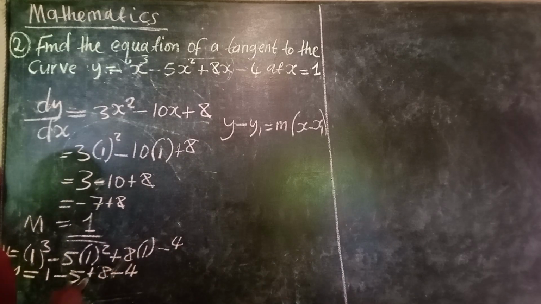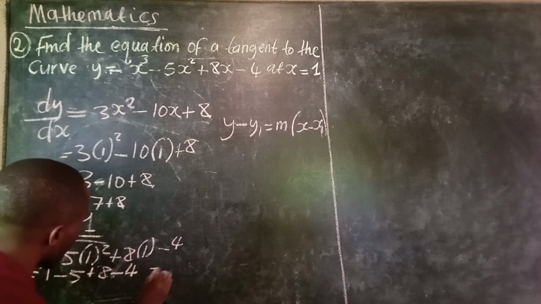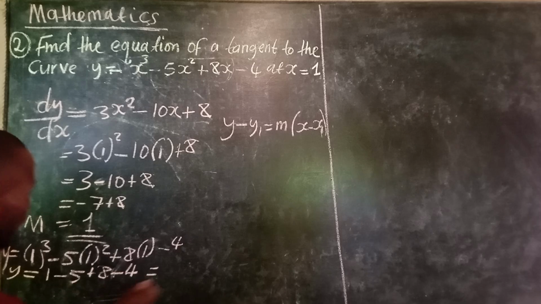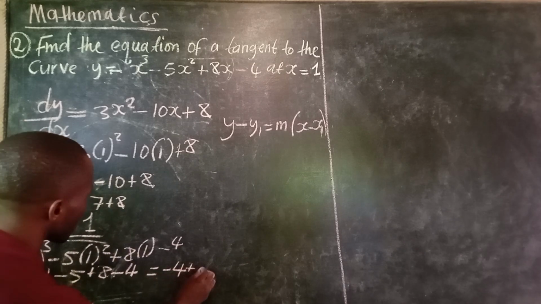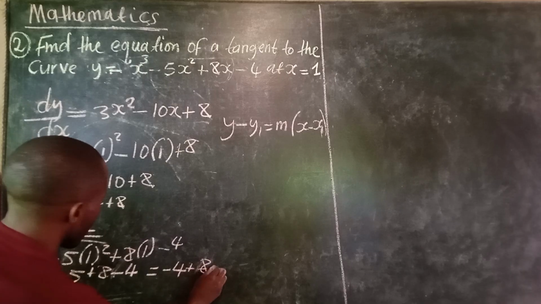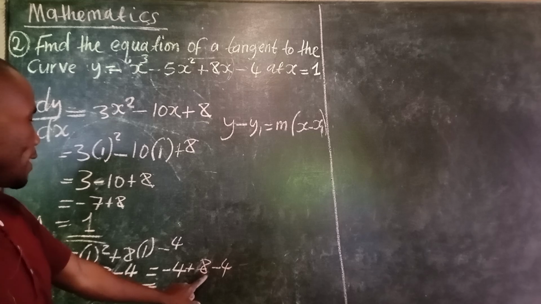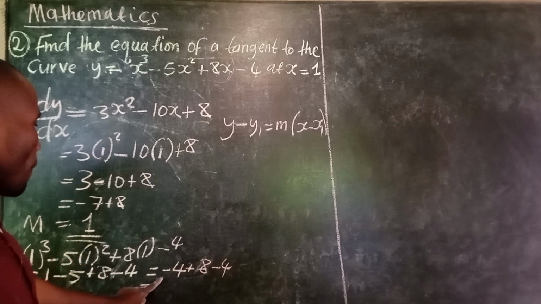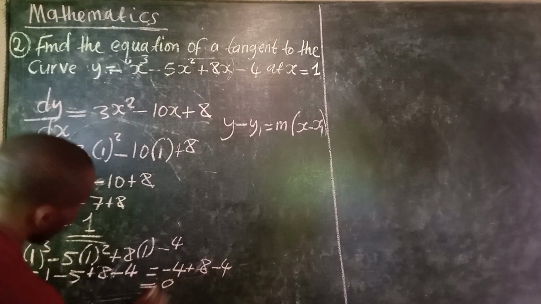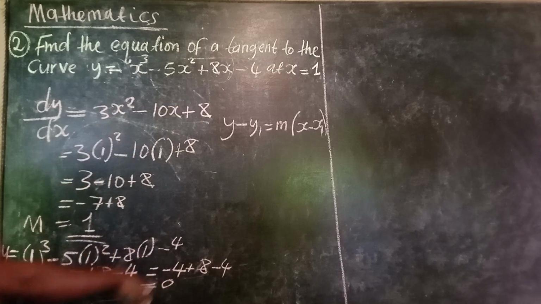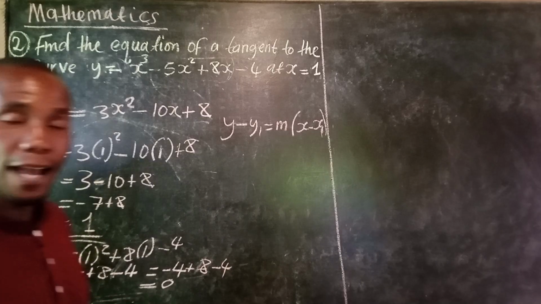Then plus 8, then minus 4. Negative 4 plus 8, the answer is positive 4. Then positive 4 minus 4, the answer is 0. So when x is 1, y is 0. That's what it means. So we have found y.